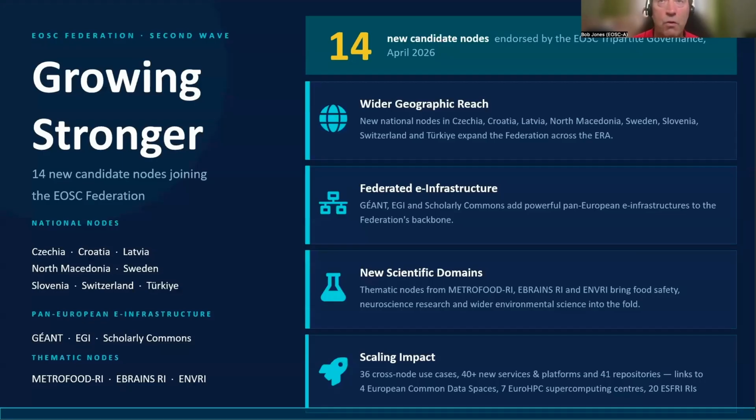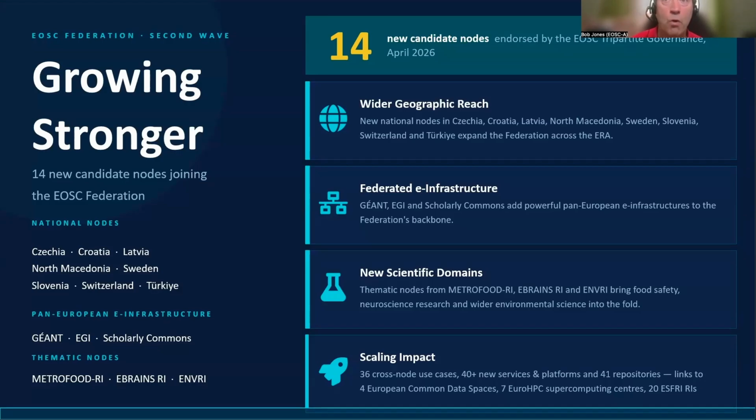So first of all, for the second wave node enrollment, we're growing stronger because it was assessed that all 14 of the applicants were eligible and will join the federation. So what we will actually get are 14 new nodes, which give a wider geographical reach.